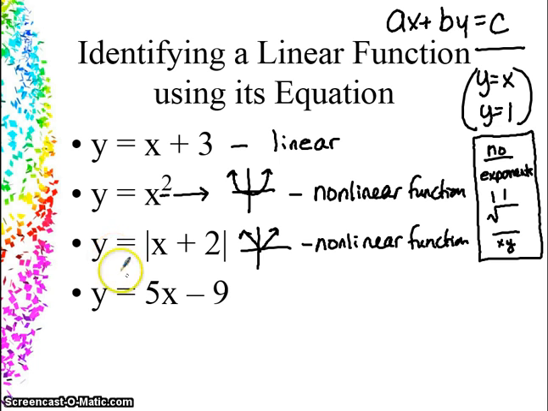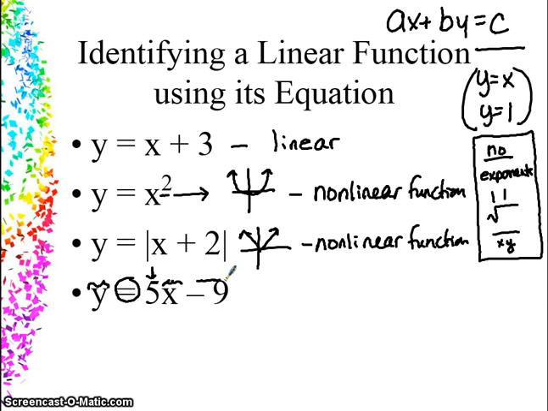What about y equals 5x plus 9? Well, you can see our y equals x equation within this. It's just that x is being multiplied by 5, it's constantly going up by 5, and being increased by 9.